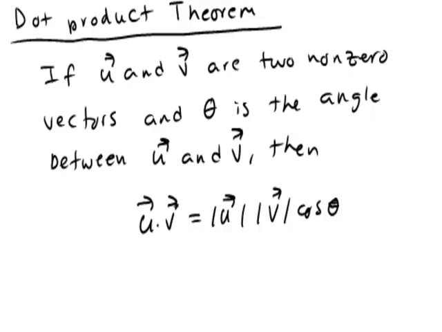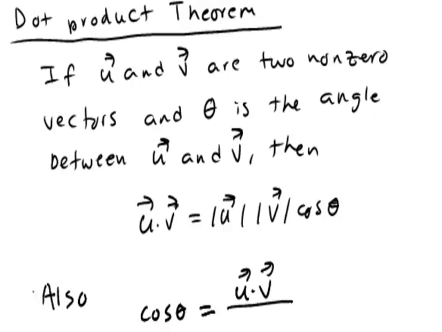So the reason why this becomes helpful is sometimes, let's suppose we know u and v, then maybe we can try to find the angle between the two vectors. All right. And so usually you might see the alternate version, so we can say also that the cosine of theta is equal to, just solving this right-hand side for cosine theta, dividing both sides by magnitude u and magnitude v, u dot v over the magnitude of u times the magnitude of v.